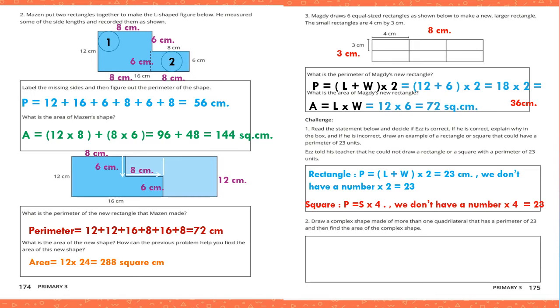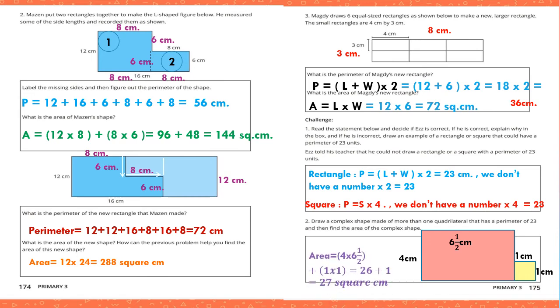Okay, let's try to draw a complex shape with perimeter 23. So the complex shape consists of two small shapes, a square and a rectangle. The square has side length 1 centimeter and the rectangle will be of length 6.5 centimeters and width 4 centimeters.